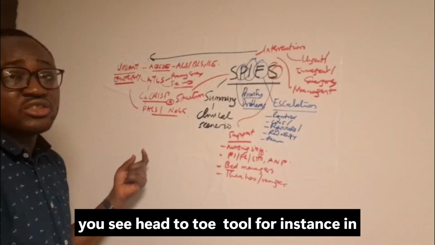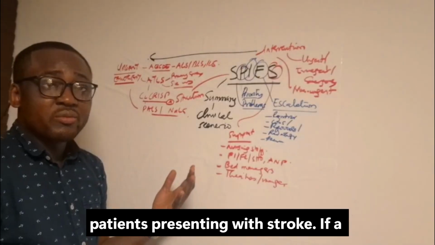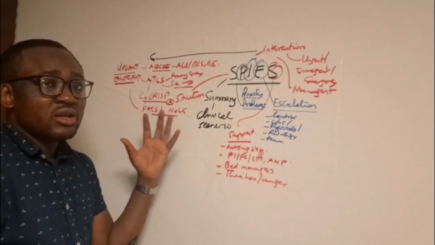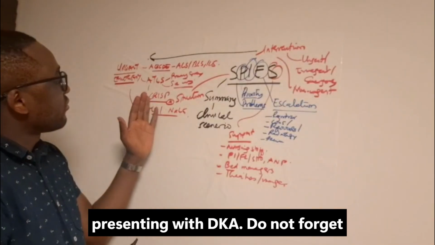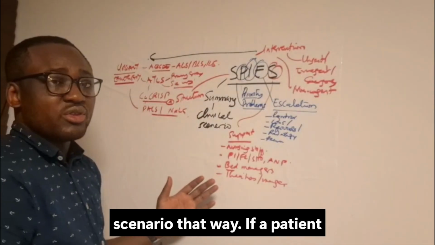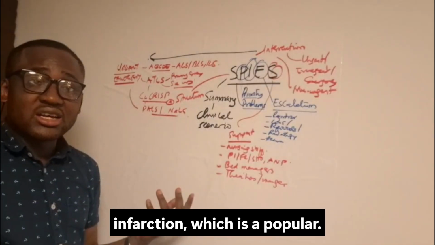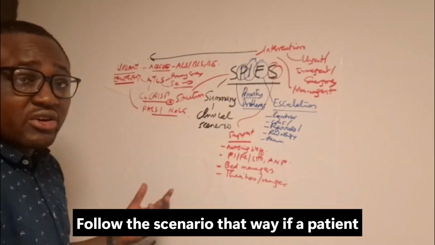So if a patient is presenting with stroke-like symptoms, or if a patient is presenting with DKA, do not forget your ALS, and follow the scenario that way. If a patient is presenting with acute myocardial infarction, which is a popular one, follow the scenario that way.